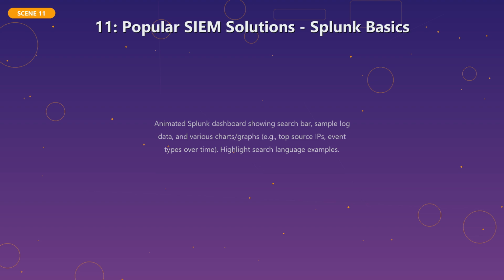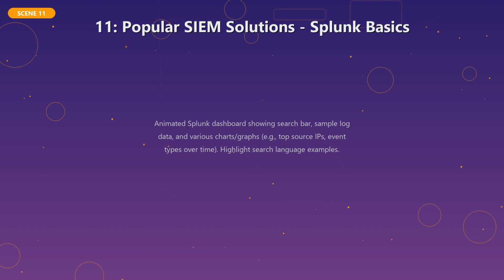Powerful Search Processing Language, SPL. This is Splunk's crown jewel for analysts. SPL is a highly flexible and powerful language that allows users to perform complex searches, filter data, create correlations, calculate statistics, and transform raw logs into meaningful insights.